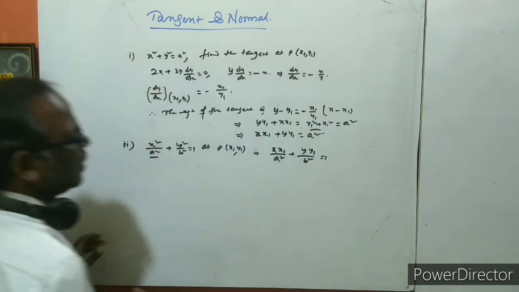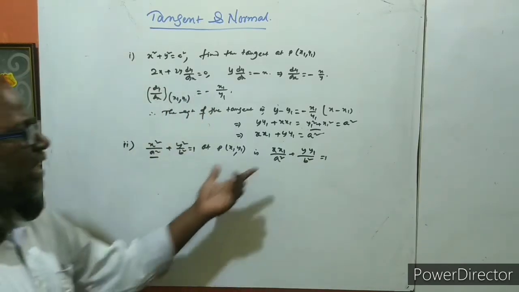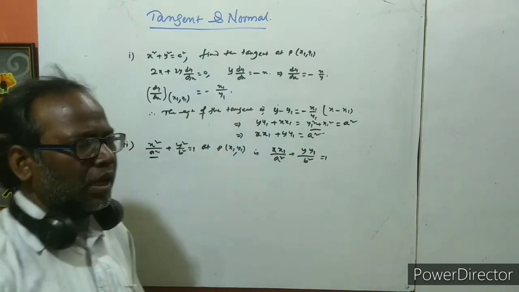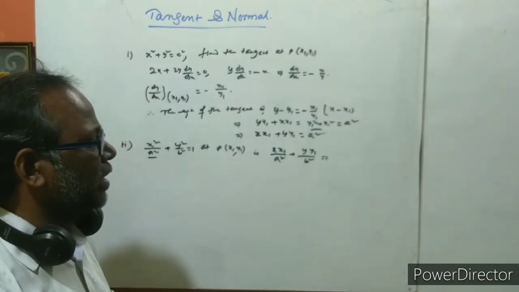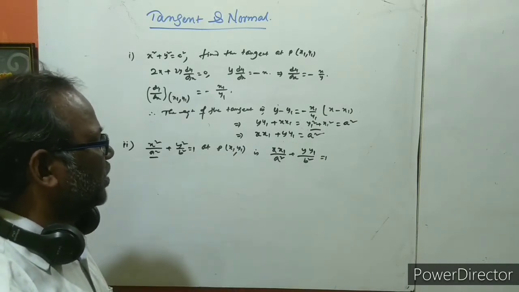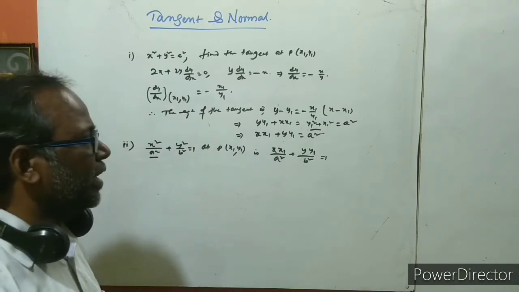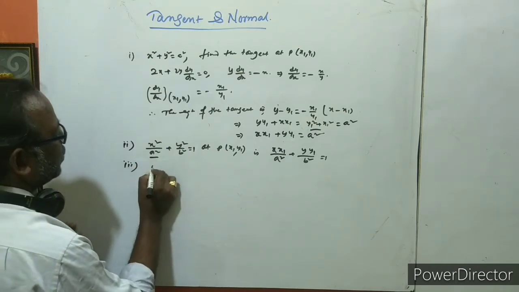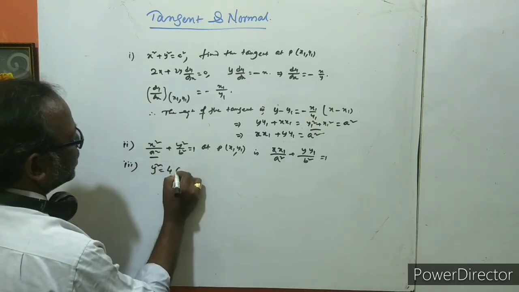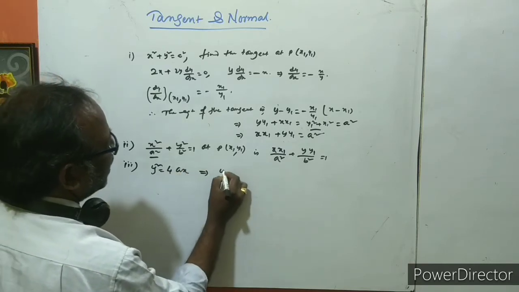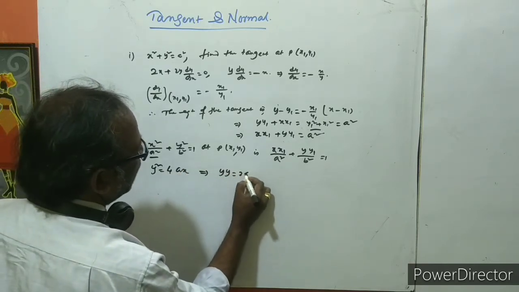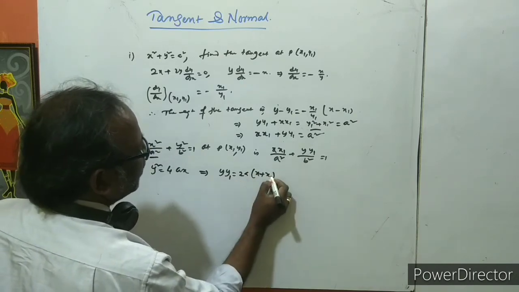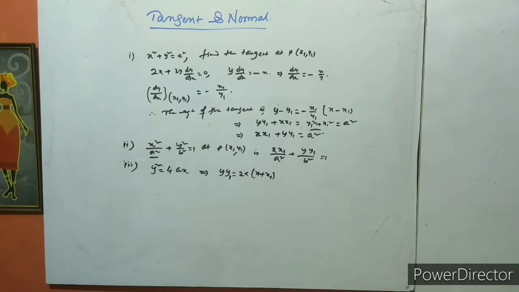So we can easily write the tangent here. For a competitive exam you need not derive the equation; technically you can just write the tangent. And for the curve y square equal to 4ax, we can write y y1 is equal to 2a times (x plus x1), replaced like that. This is the tangent.